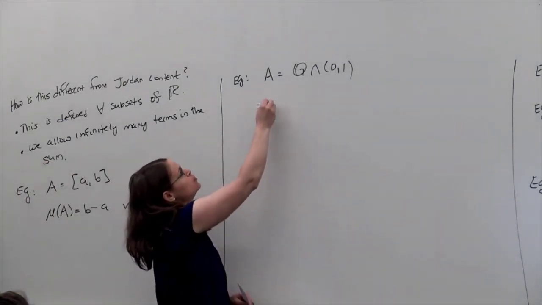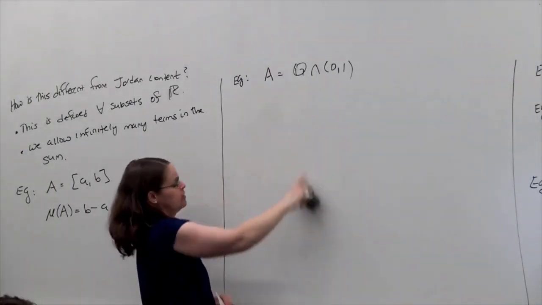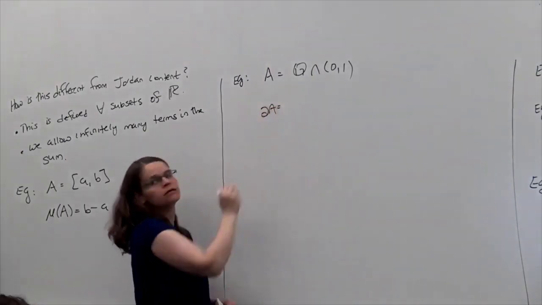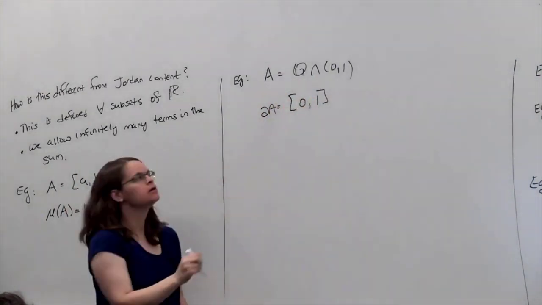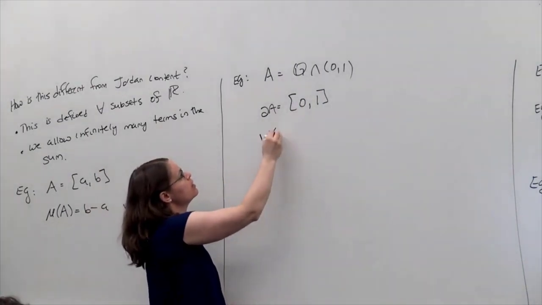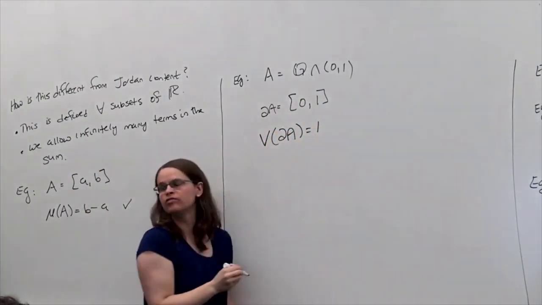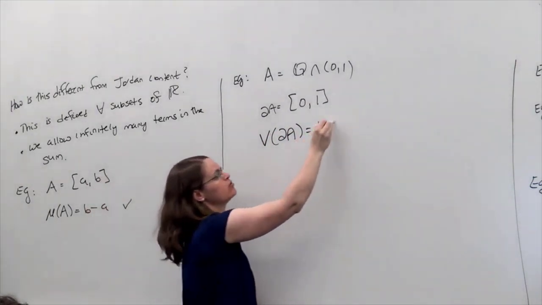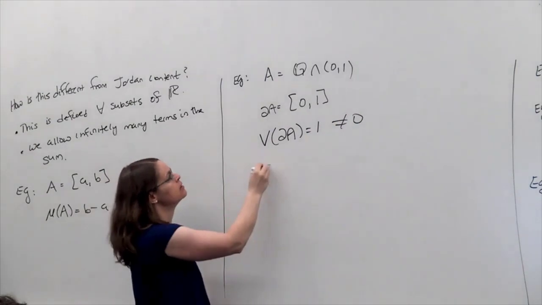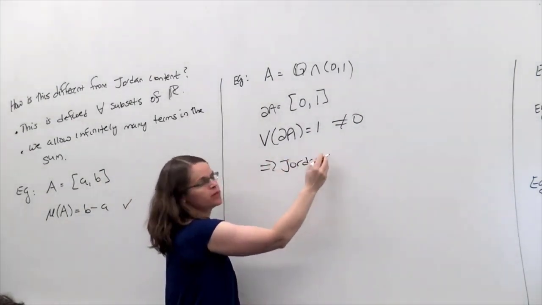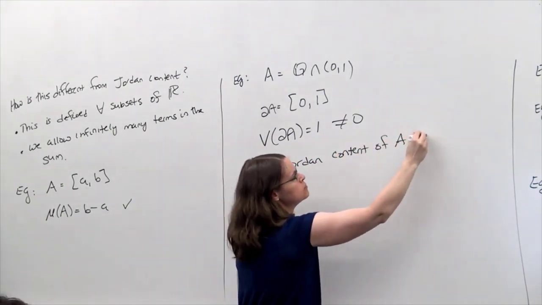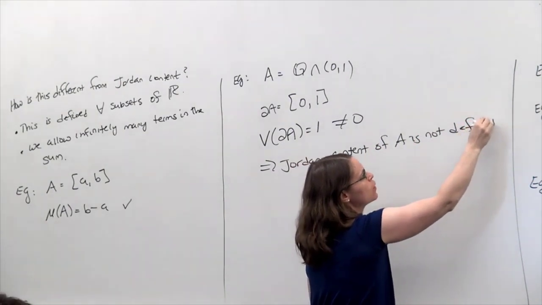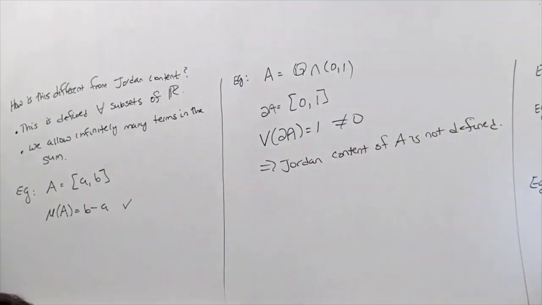Remember what the boundary of this set was? 0 to 1. The boundary of the set was this whole interval. We said if the boundary is not 0, then the Jordan content of A is simply not defined. So this is a set that we could not come up with the size of before. It was simply inaccessible to us using our previous tools.